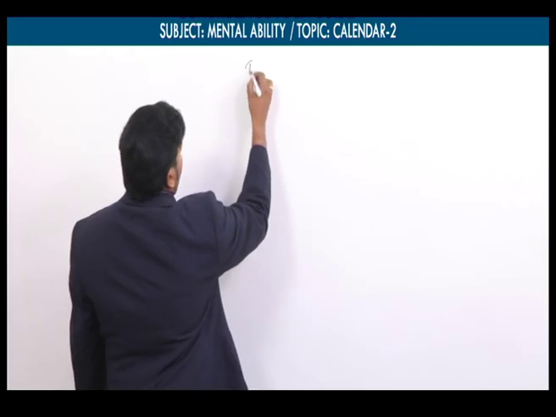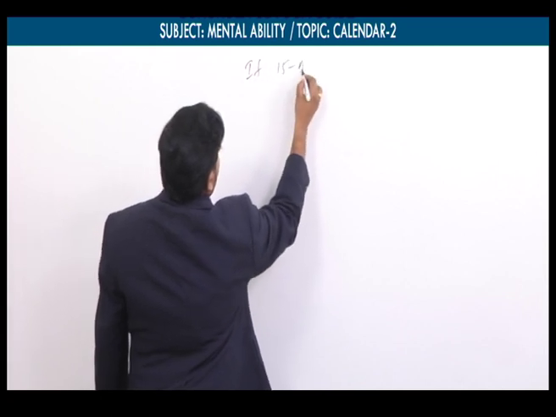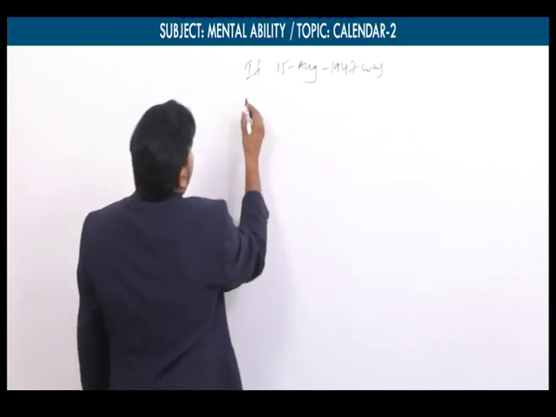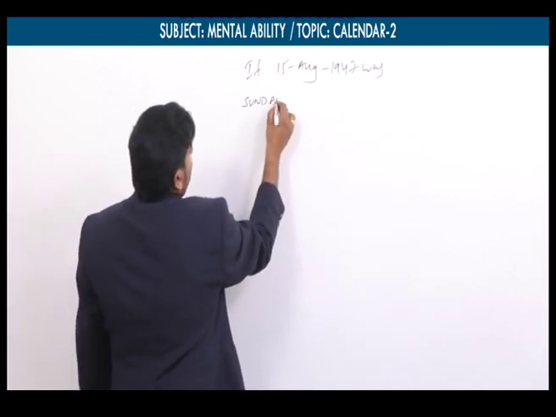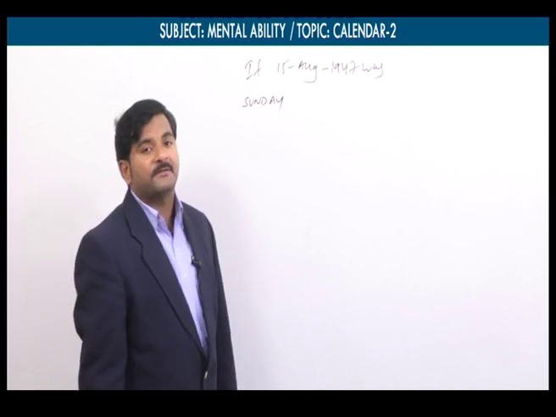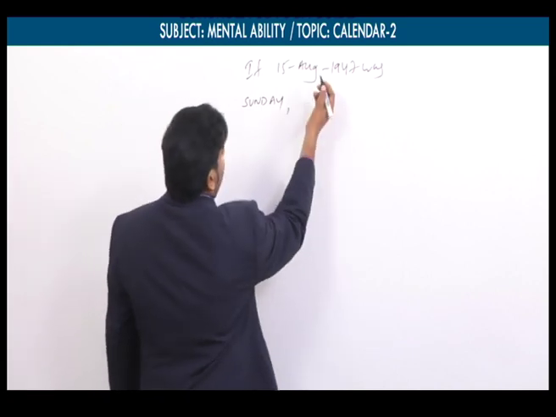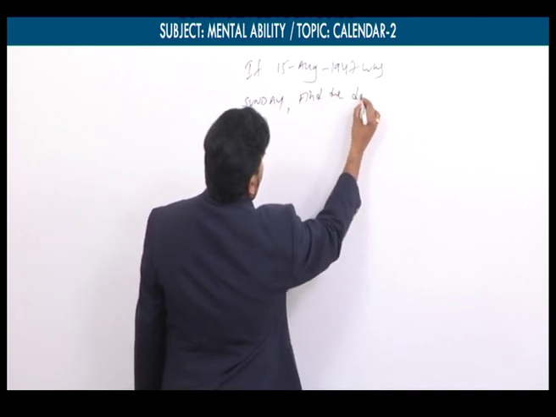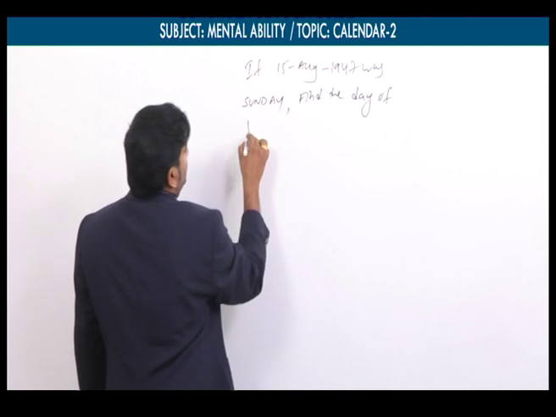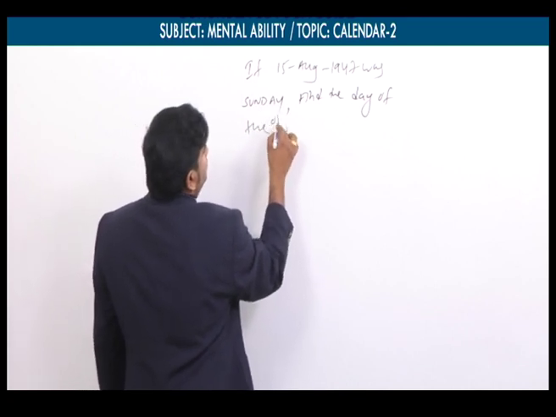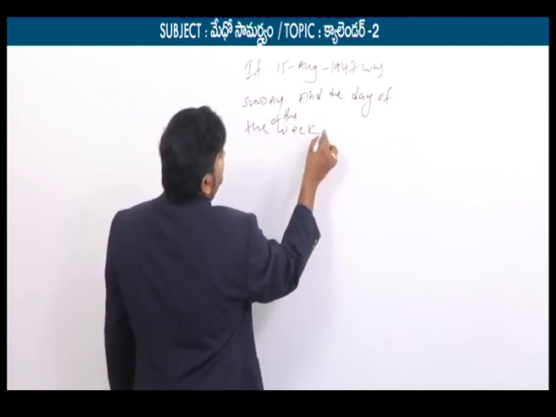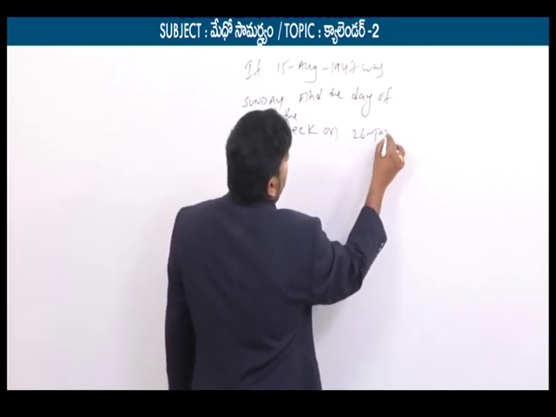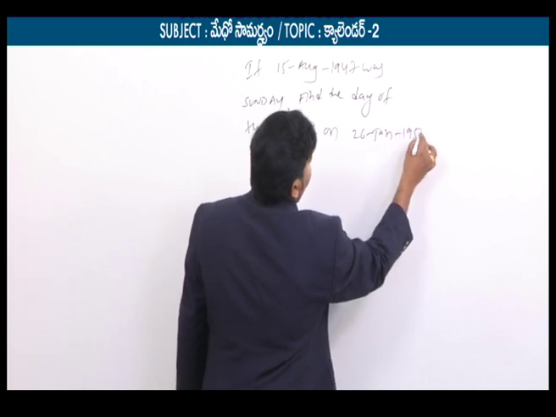For example, if 15th August 1947 was, let's say, Sunday, then you will be asked a question like this: find the day of the week on, let's say, 26th January 1950.